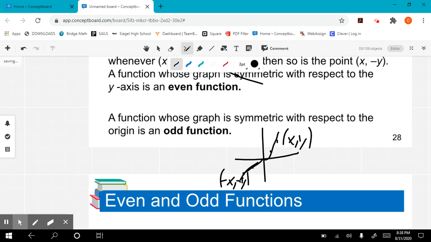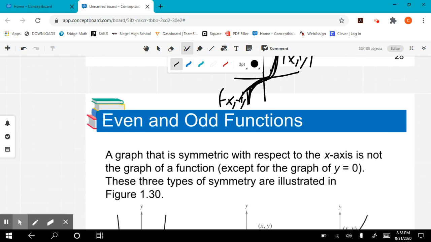This is called an odd function. It's usually this cubic graph that we look at that is an odd function, where a point in this coordinate matches the point down in this coordinate. All these points match up with all these points up here. That is called an odd function.